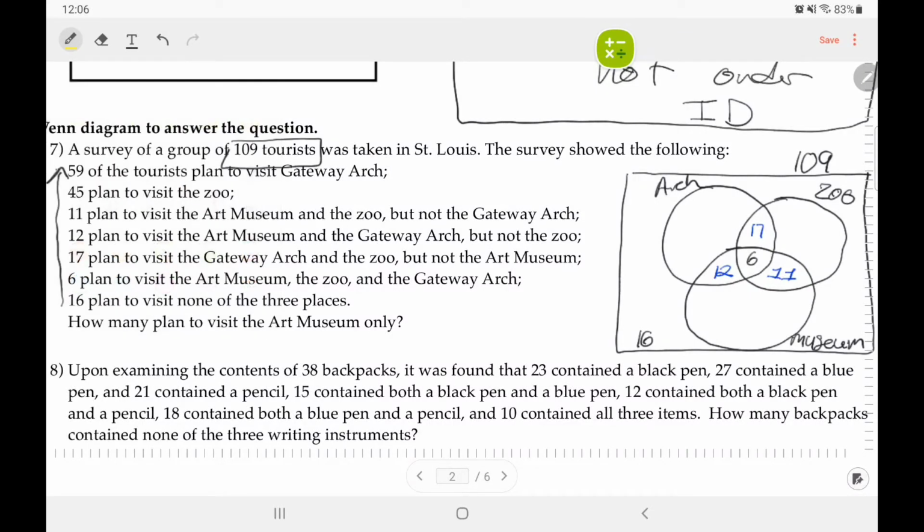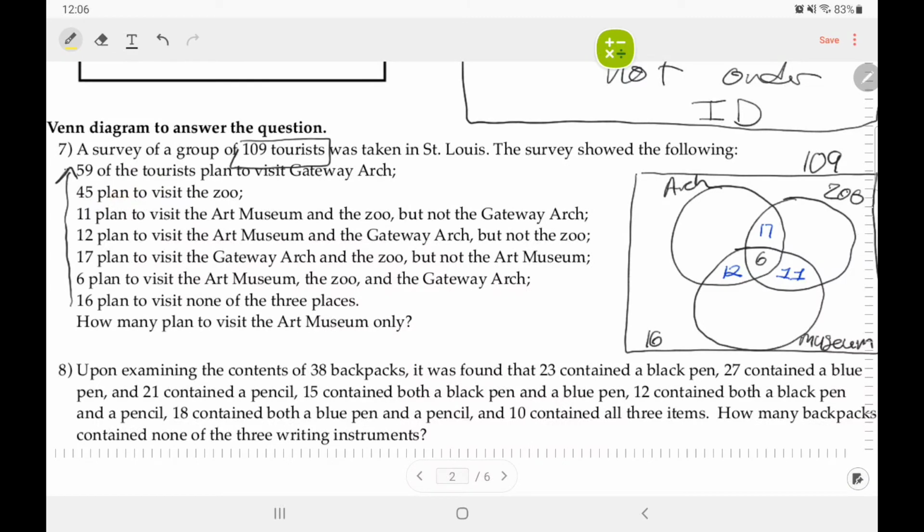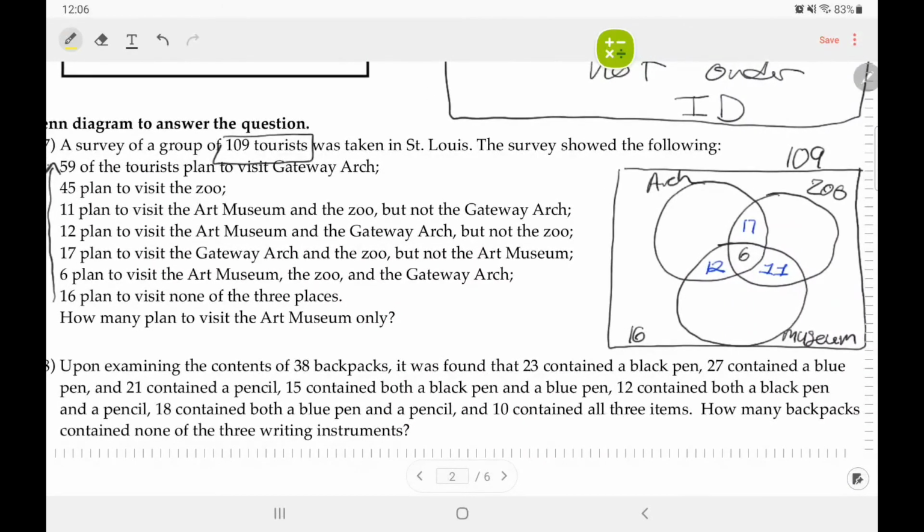I want to go to my highlighter because now it says 45 plan to visit the zoo. But this one is general. It says 45 plan to visit the zoo, which means this entire circle, this entire set, must add to 45. So far, I have 17, 6, and 11 inside.